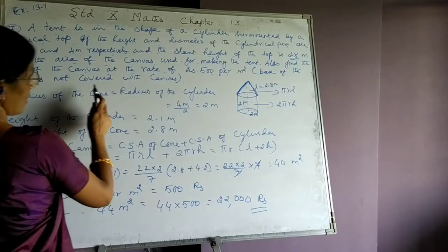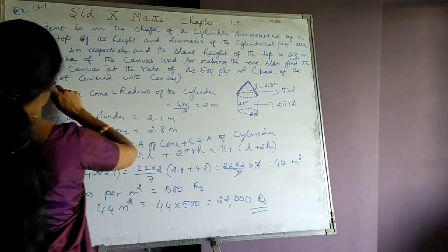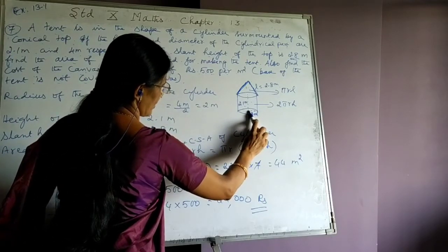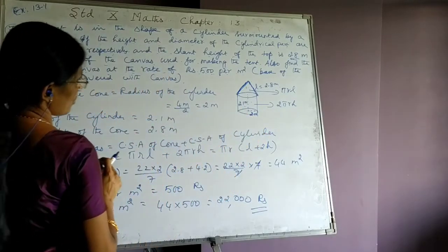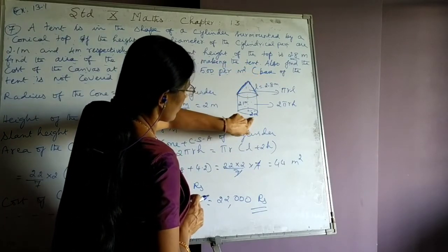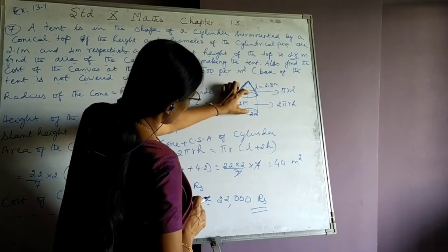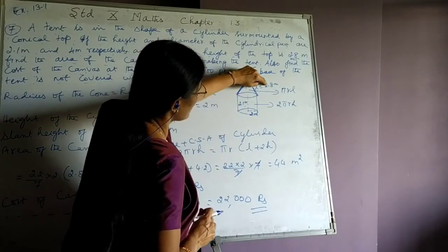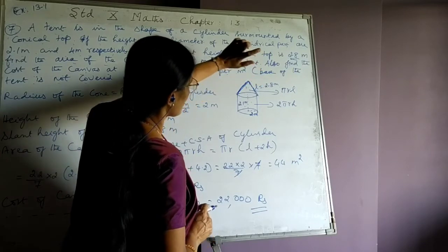And a hint is given in the question that the base of the tent is not covered with the canvas. The base is not covered, right? Therefore, the radius of the cylinder and the radius of the cone are equal to 2 meter. Height of the cylinder is 2.1 meter and slant height of the cone is 2.8 meter.